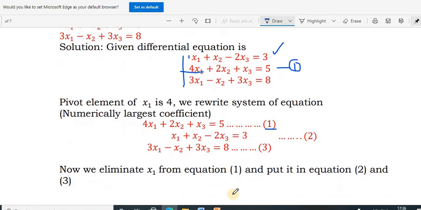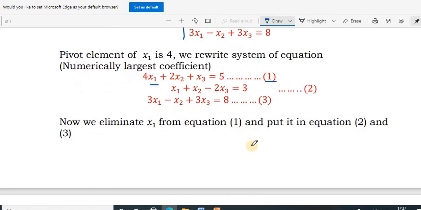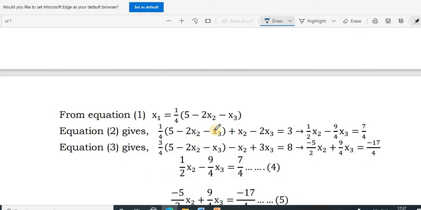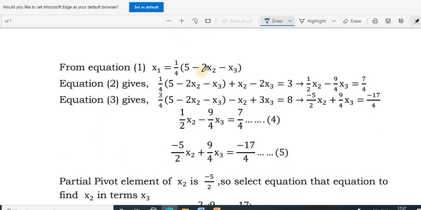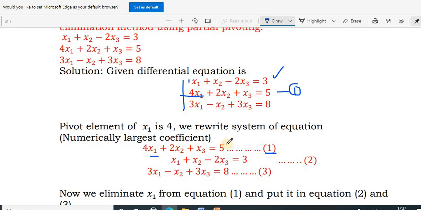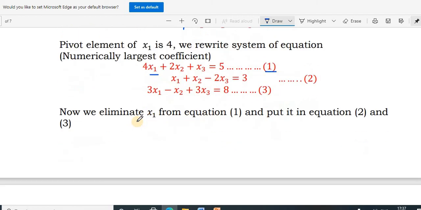Now by the previous method, I write x1 in terms of the remaining variables. So x1 is equal to 1 by 4 times 5 minus 2x2 minus x3. Here I take this minus 2x2 minus x3, and into 4 it becomes 1 by 4.